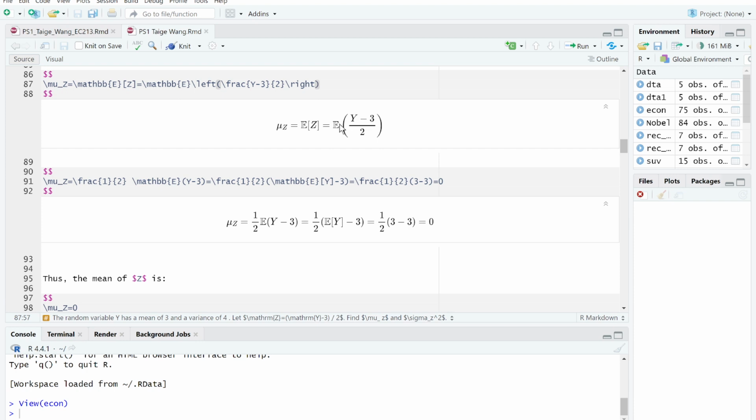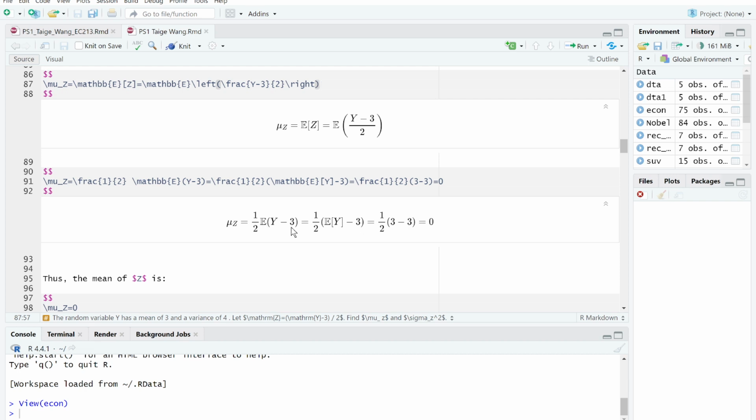So it's a linear operator, right? So basically, this is y over 2 minus 3 over 2, and you can take this out and take the expectation of y and the expectation of minus 3.